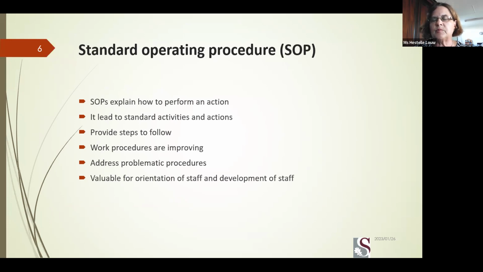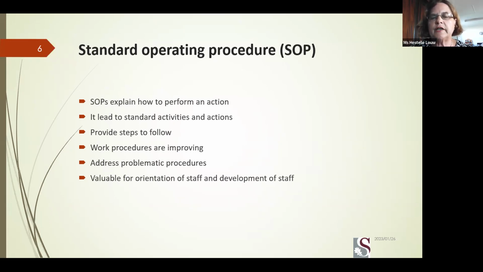And sometimes it's problems between the staff members, that they're not agreeing on what to do. So they've got different opinions. But the only thing that they have to look at is the SOP.